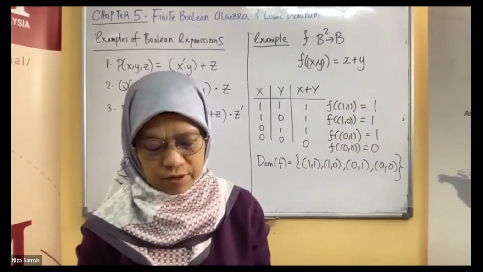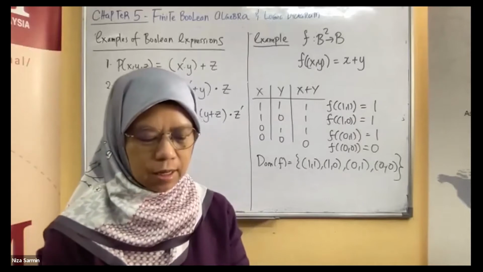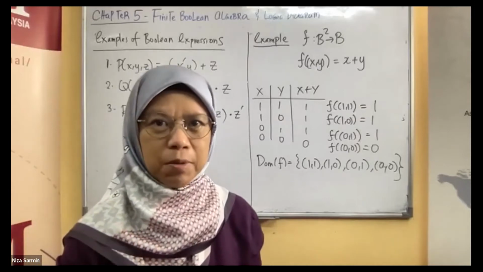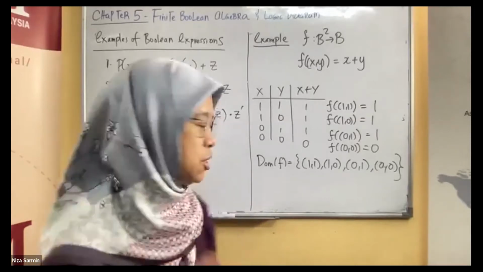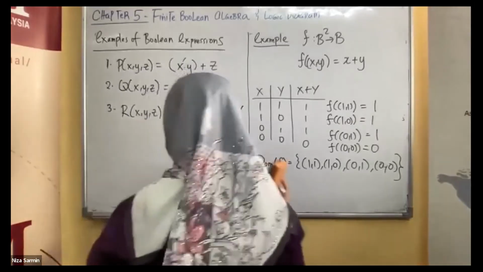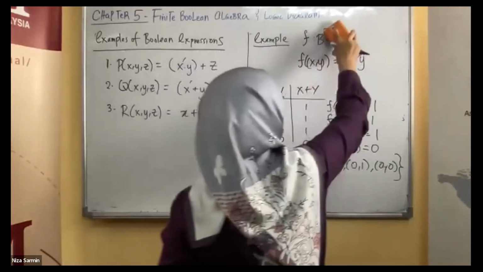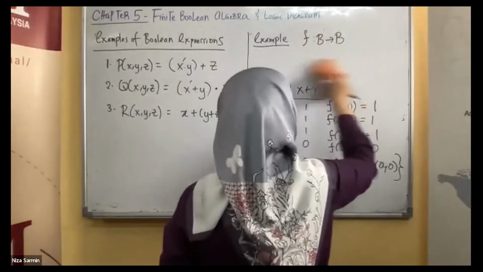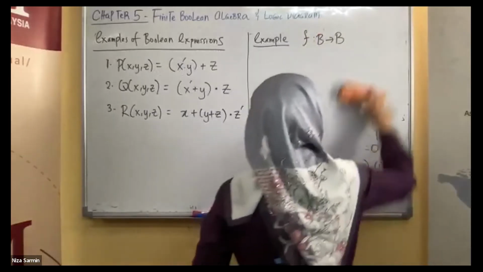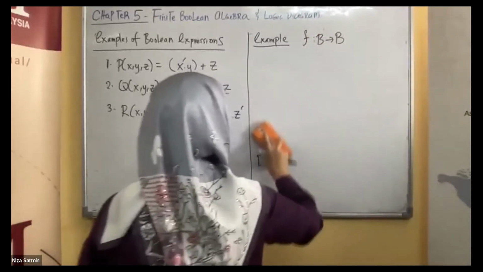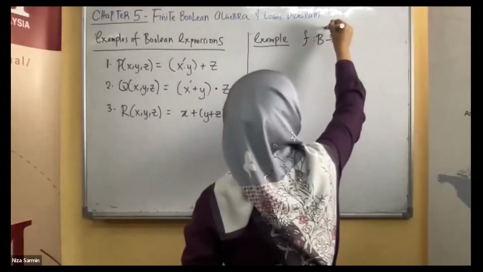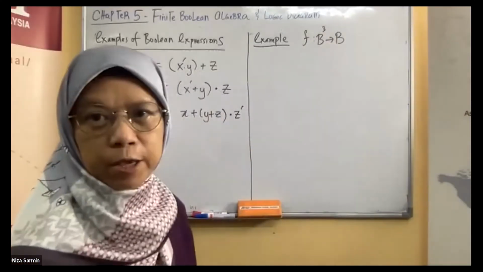You might be given another question like this. Find the truth table of this Boolean function. So I will change. F from B3 into B. Get ready.